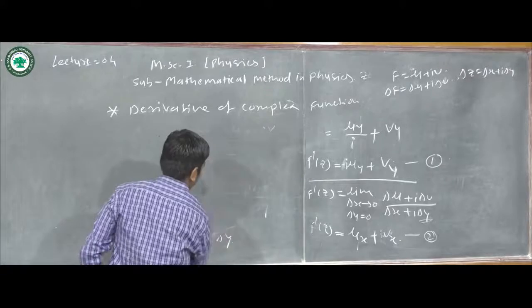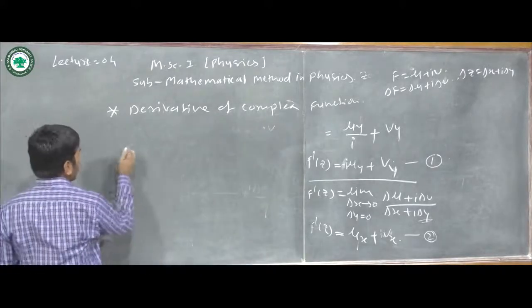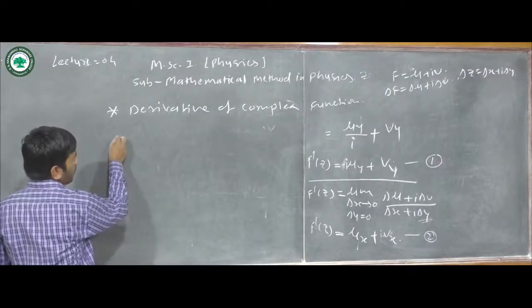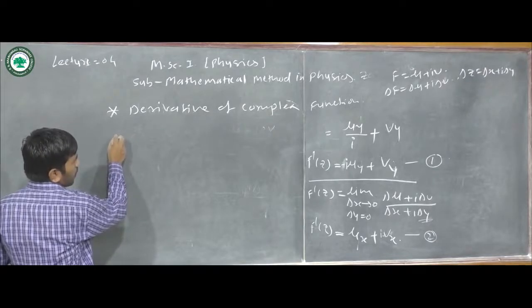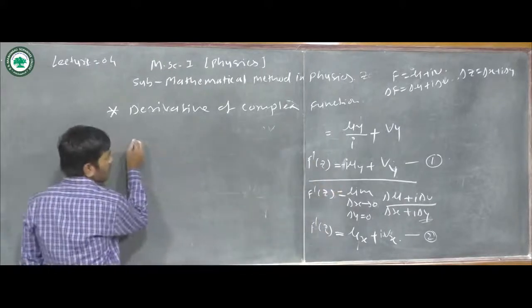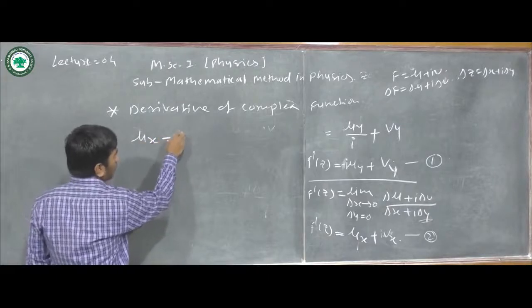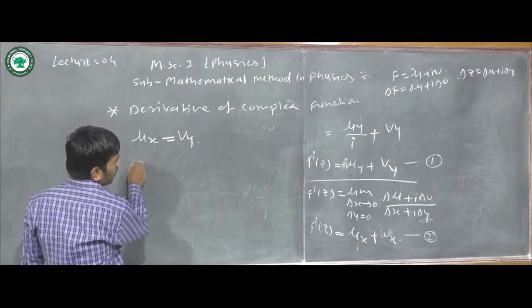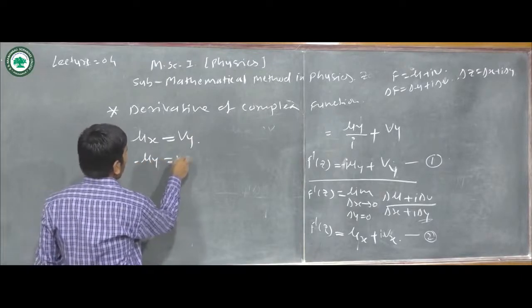So we can compare these equations, the real term, that is u_x is equal to v_y, and another, minus u_y is equal to v_x.